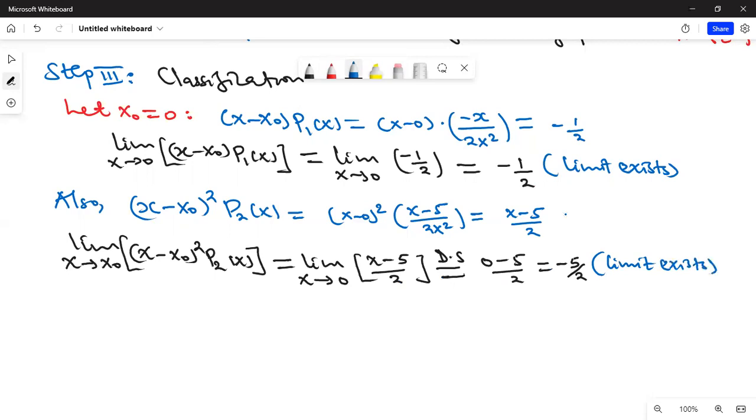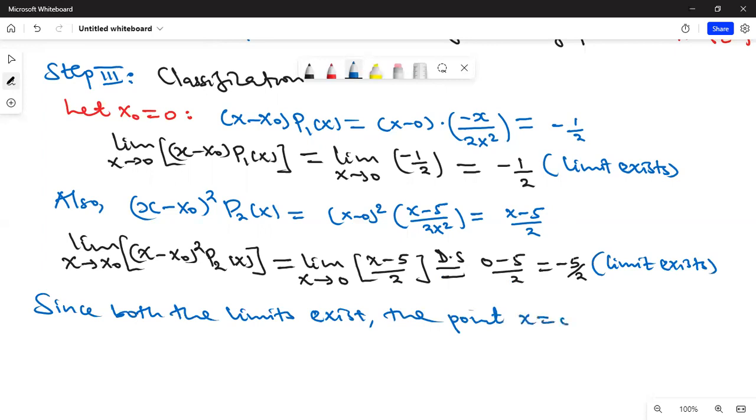So what can you say? You can just conclude and say that since both limits exist, the point x is equal to 0 is a regular singular point.